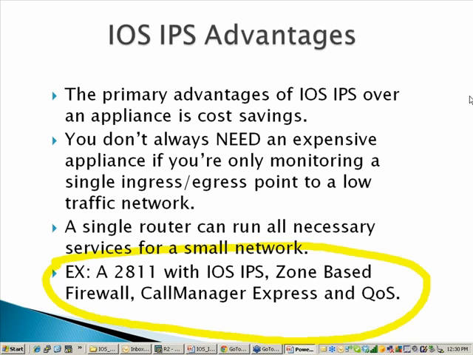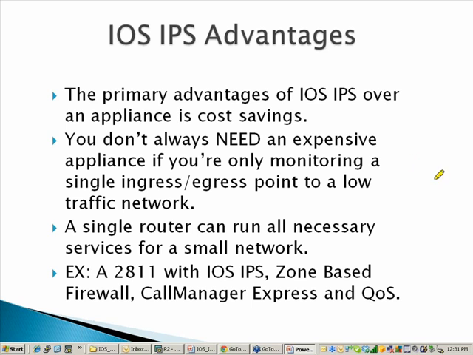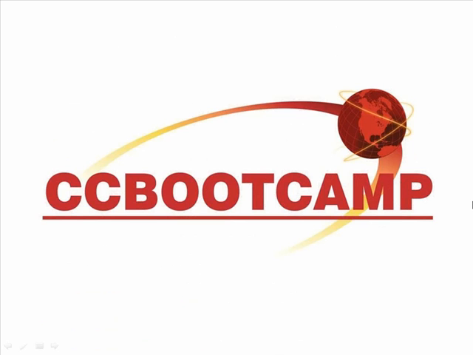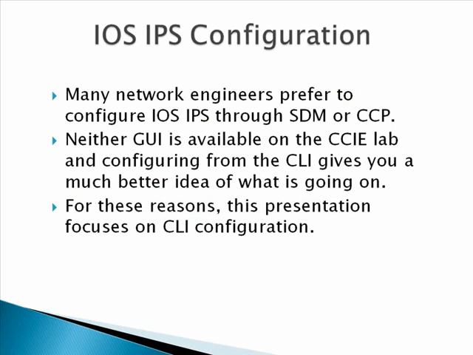Maybe you're running wireless or a switch module on it, etc. So you can have a single network device doing everything for your branch office. The IOS IPS pretty well fits into that model. Okay, so that's why you would use it versus the hardware appliance.